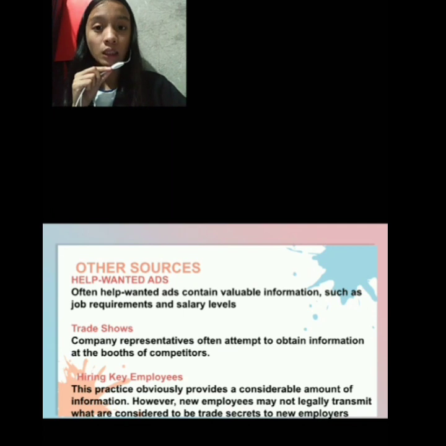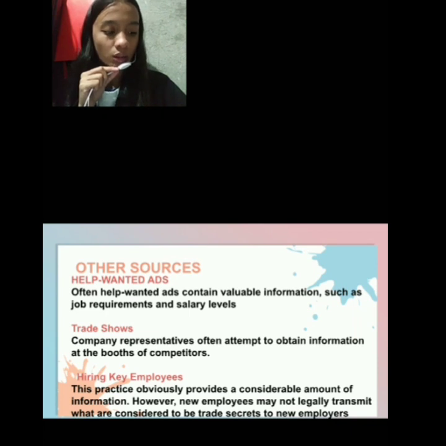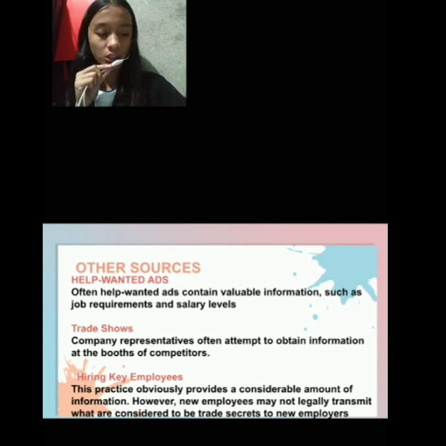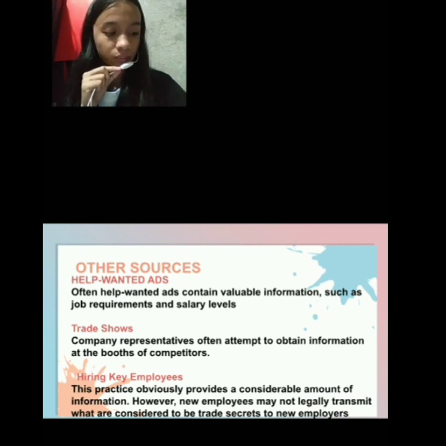That is plant tours. The second one is reverse engineering. In general, it is the purchasing of computers or software. That is computer engineering, reverse engineering. And the third one is monitoring test market.